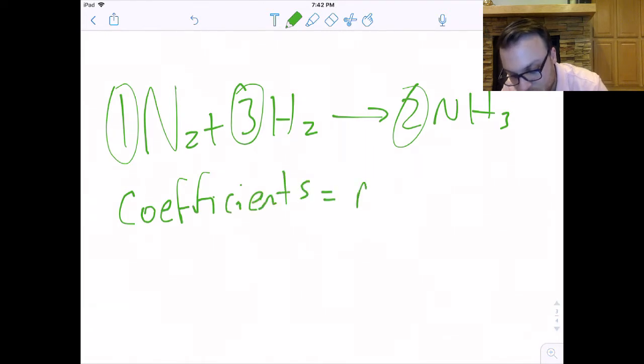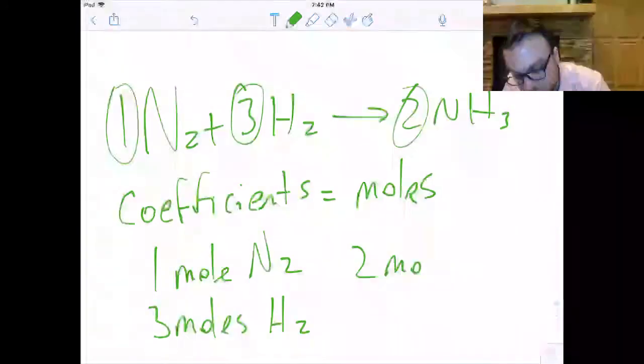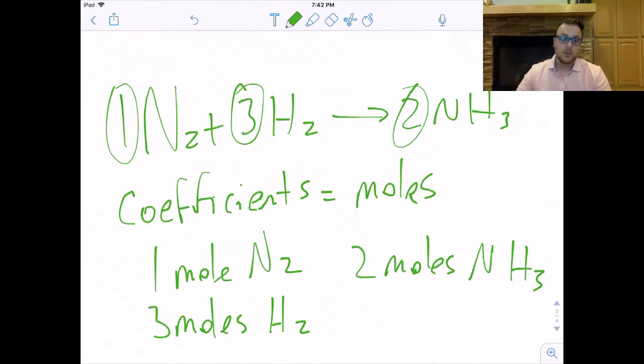So in this reaction, we have 1 mole of N2 reacts with 3 moles of H2 to make 2 moles of NH3. So the big numbers here mean moles, and those are called coefficients.